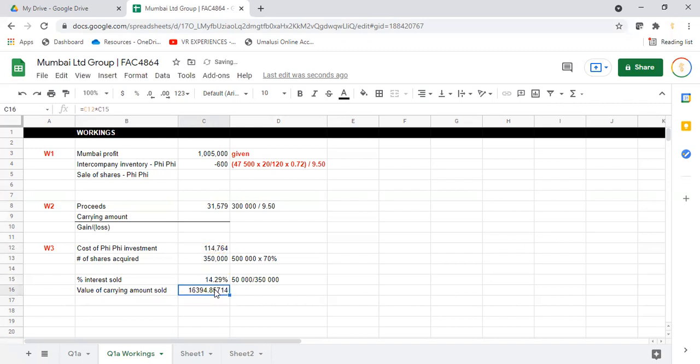That is the amount that we are disposing of.